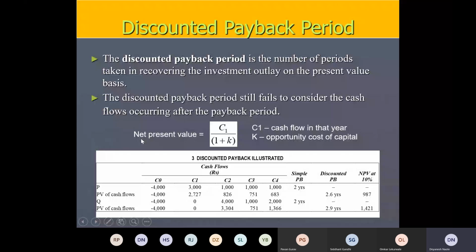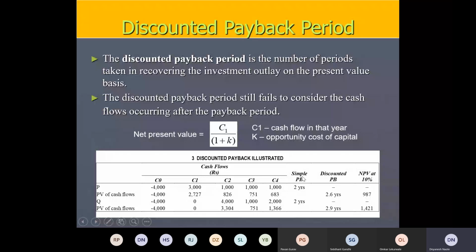If you see here, project P had a simple payback period of 2 years, and the discounted payback period is 2.6 years, so it has increased. Then for Q, in the first year it did not give any cash flows, and for both of them the simple payback period was the same.